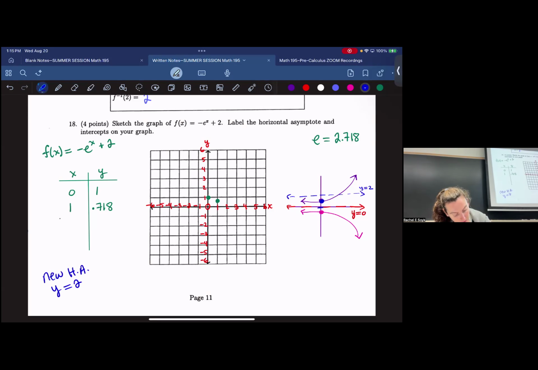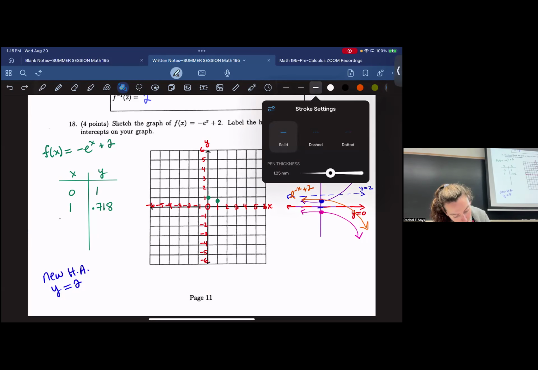And then let me do this in maybe orange. So we're looking at something like this. E to the negative x plus 2. So now we're ready to put it all onto our graph.